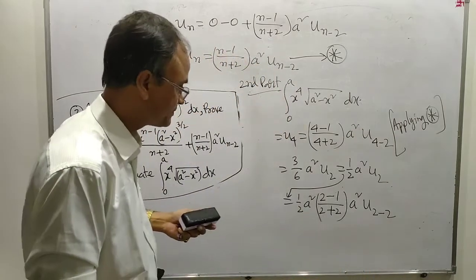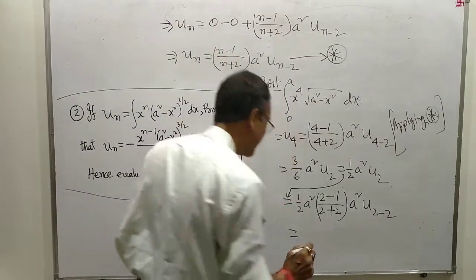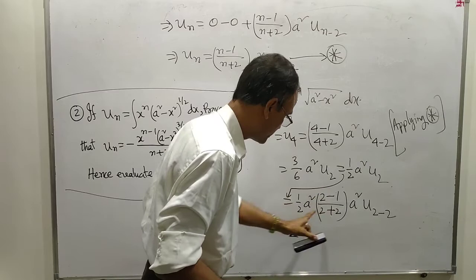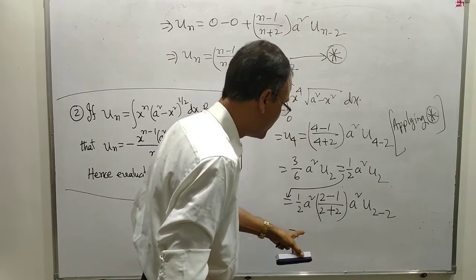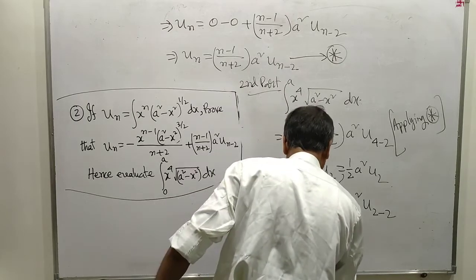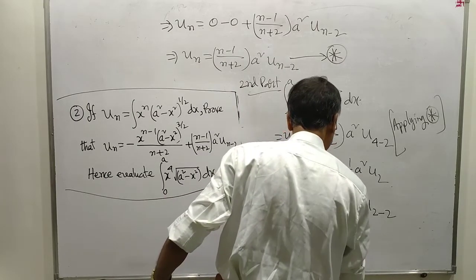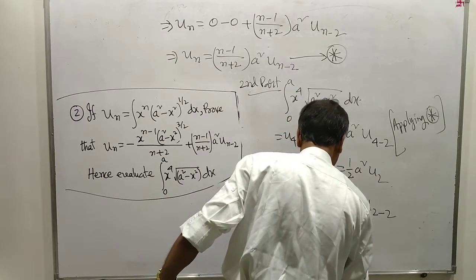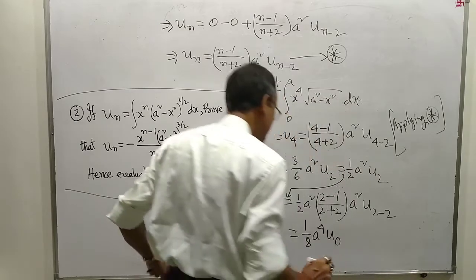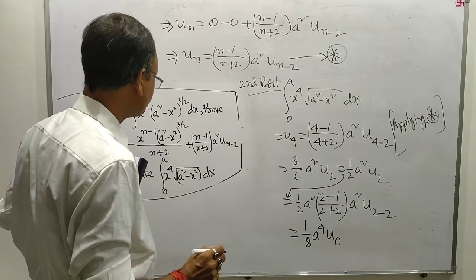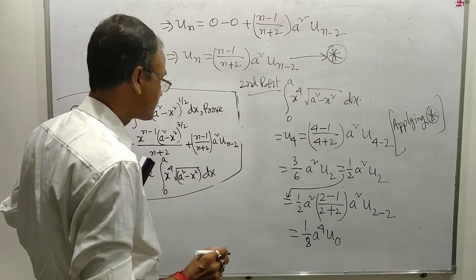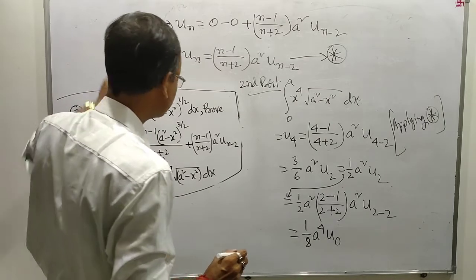You will get this. This is equal to 1 by 4, 1 by 8, a to the power 4 divided by 8. So it is 1 by 8, a to the power 4, u0. You will get this one.